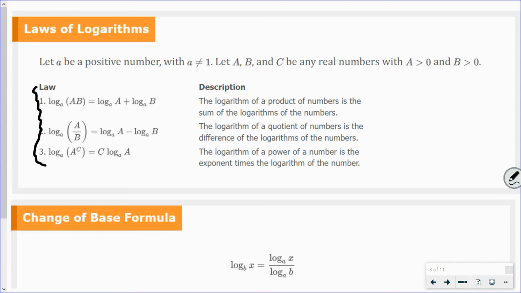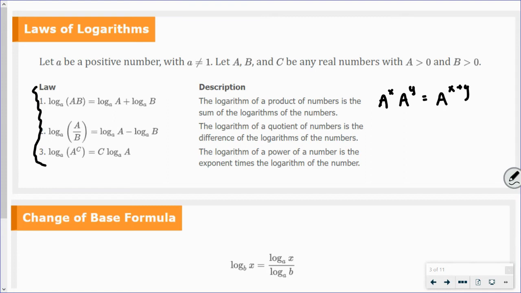Remember, we know that logarithms and exponentials are very similar. So remember, if you had a to the x times a to the y, they had the same base and we add the exponents. So we'd have a to the x plus y.